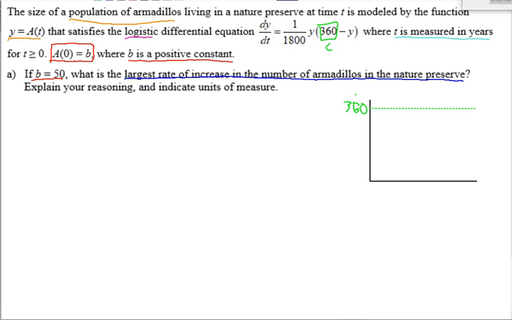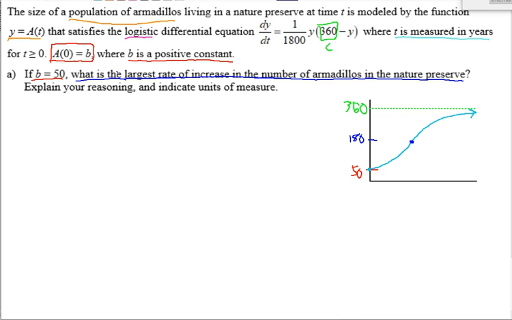And then for part A, we're going to have a different graph for part A than part B. So part A, it starts at 50. And then again, it starts out concave up and then concave down. And where that point of inflection is, where it switches from concave up to concave down, is again half the carrying capacity, which is 180, half of 360. But here it doesn't ask at what population of armadillos does it increase the fastest. It actually asks for what is the rate itself, which refers to the derivative.